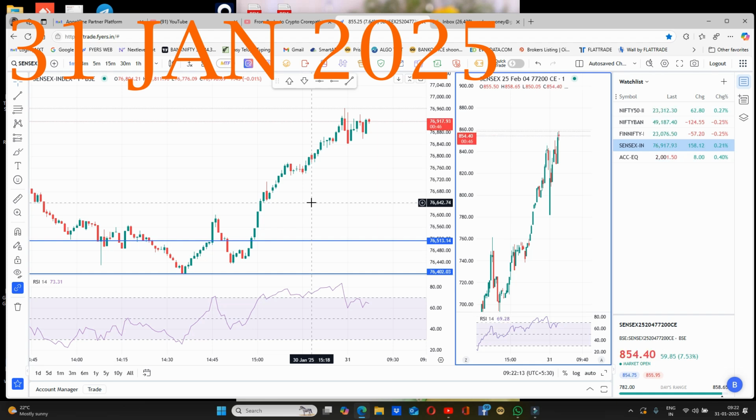Now see, our option price is trading at 855, 856, and 860. So 880 will be the target, and then again we will make an entry at 830. Two times 50 points target will be an easy thing.